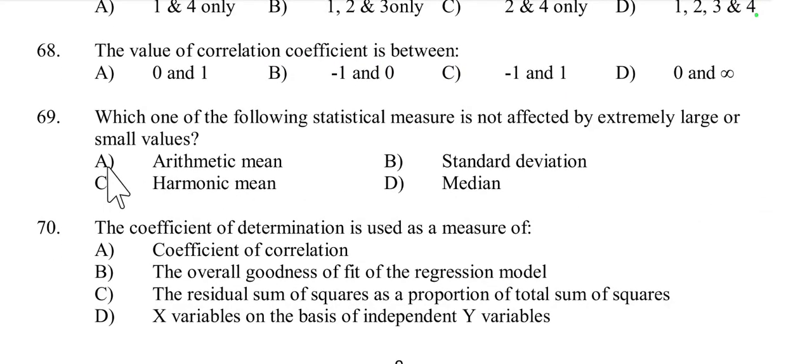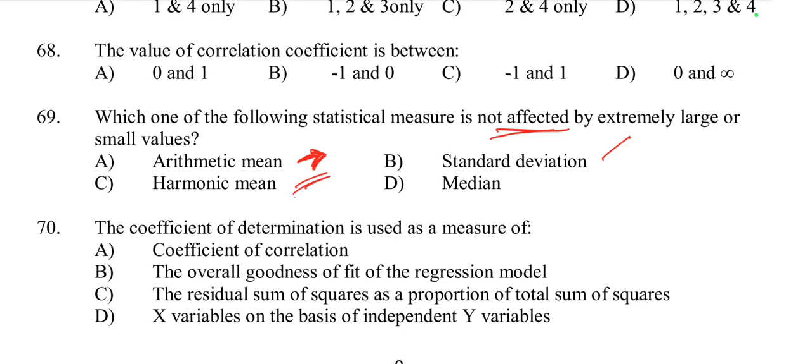Then question 69. Which of the following statistical measures is not affected by extremely large or small values? The arithmetic mean is affected by extreme large or small values, because it is the average of all the values. Standard deviation is the root mean square deviation. The harmonic mean is the reciprocal.